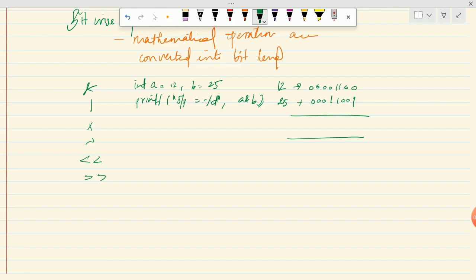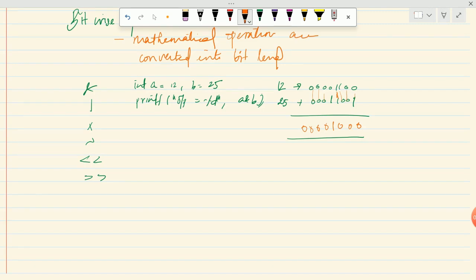So here 0 and 0 is 0, 0 0 0, 1 0 is 0, and 1 1, both are 1, so the output is 1. The result is 0 0 0 0 1 0 0 0.